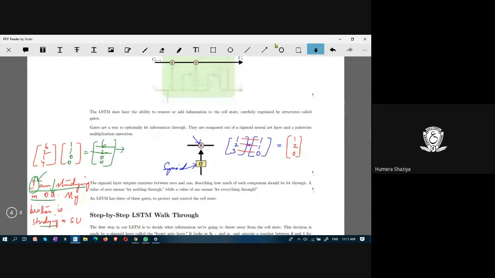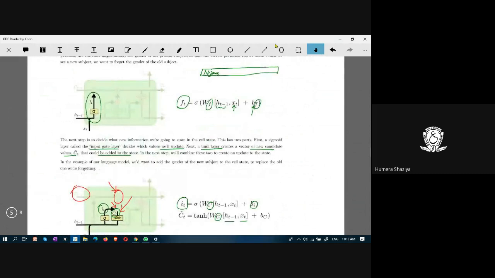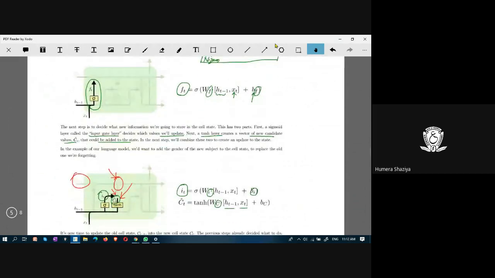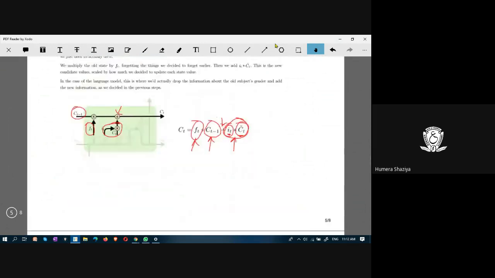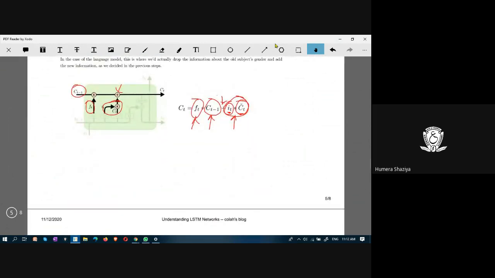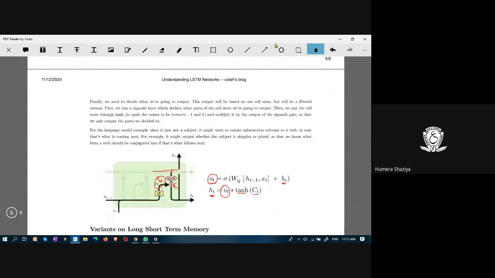This is forget gate, this is input gate layer, and this one is output layer. In LSTM you had different gates: forget gate, input gate, and output gate.